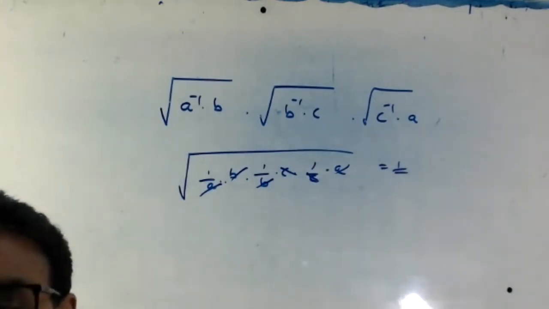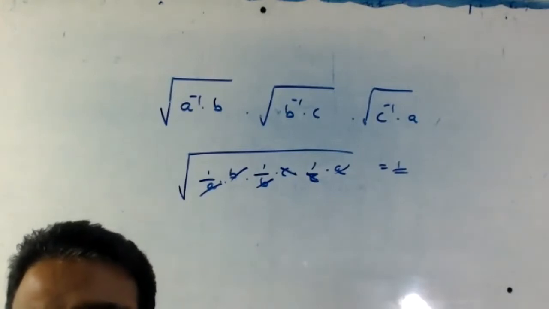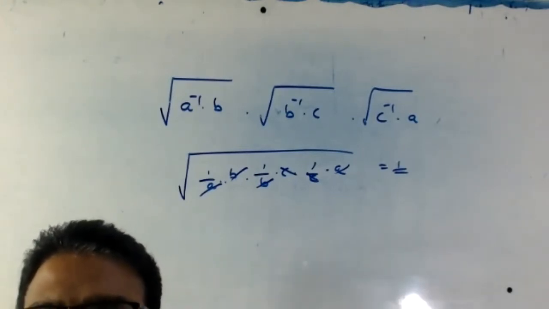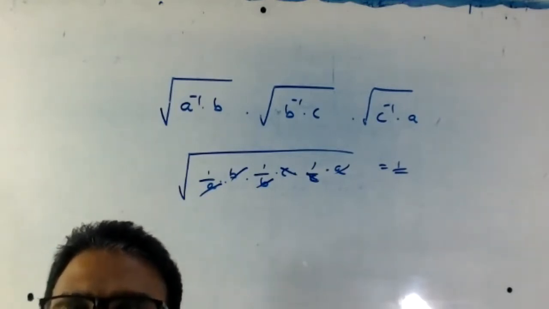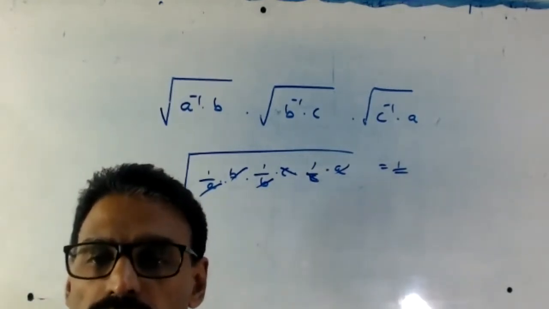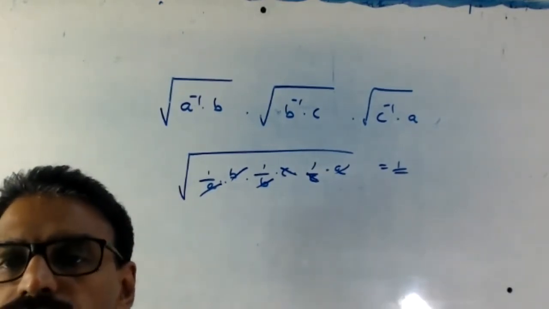For all God, not 0, 1. Everything cancel is how come 0? 3 by 3. How come 0? Okay. Clear now?